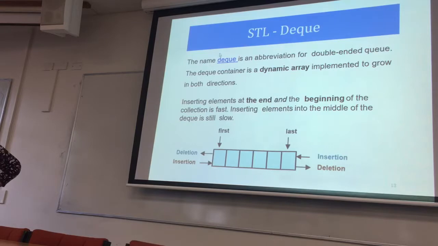Yes? Why would we use vector instead of deque? I mean, deque seems more versatile because you can use it in both directions, and vector is just for one. Everything which comes with more features, you pay a price for it, right? So with a double-ended queue, you can work at the beginning and at the end, but some methods are slower.